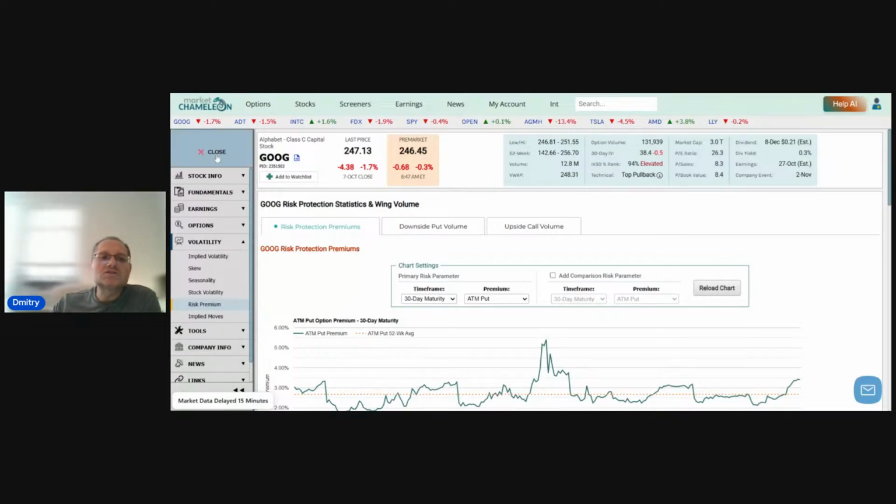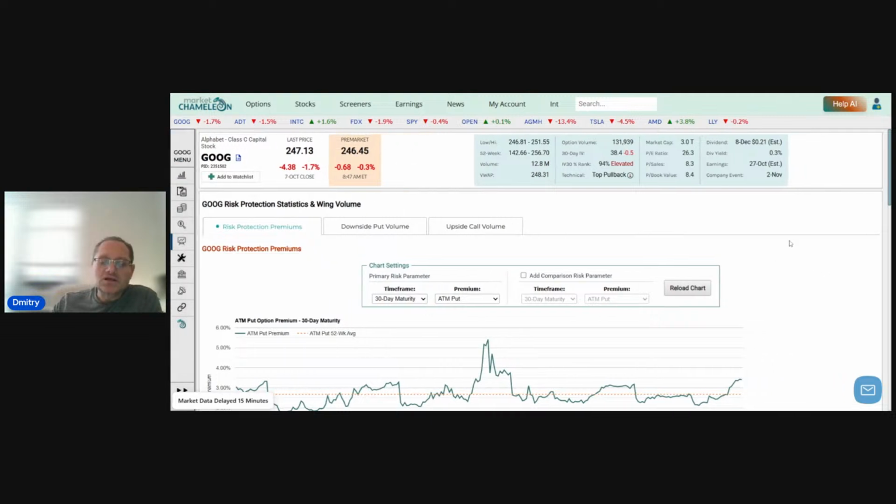I'm going to click on this menu to minimize it. And what we want to do here is compare the cost of an option in one expiration versus the cost of an option in a different one.